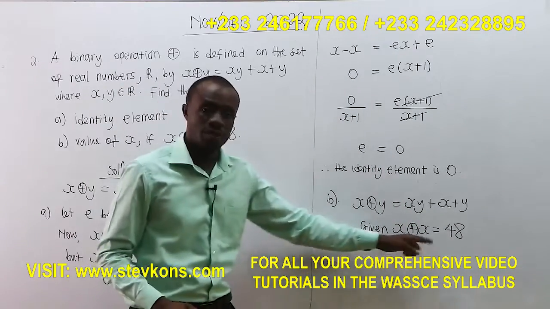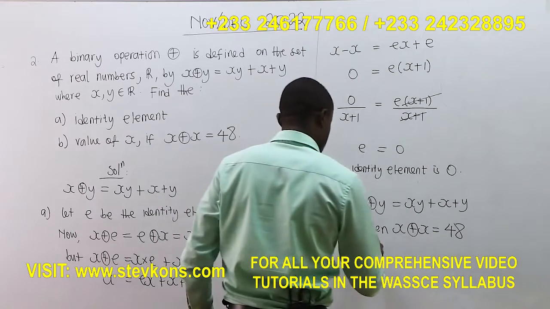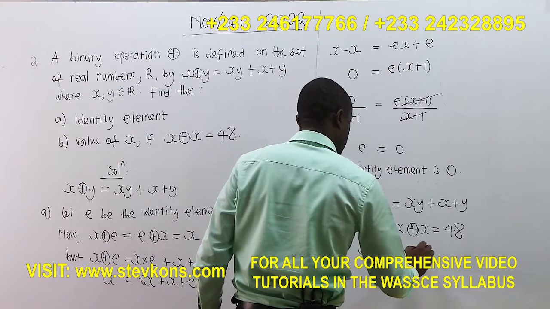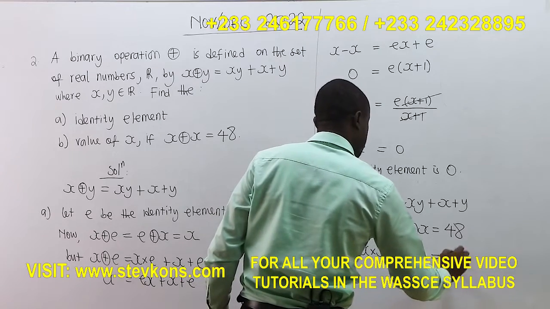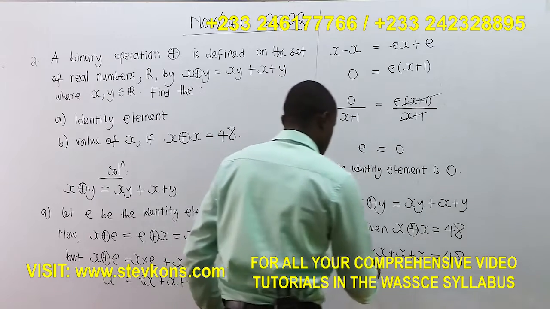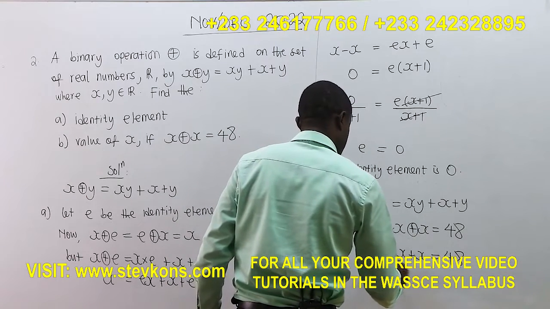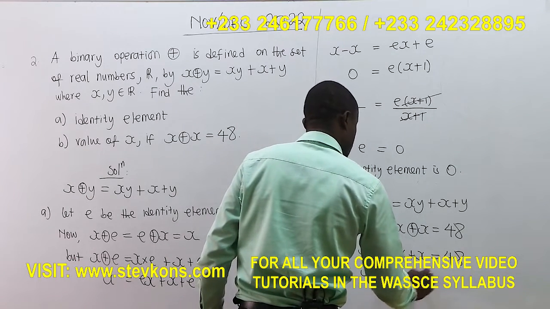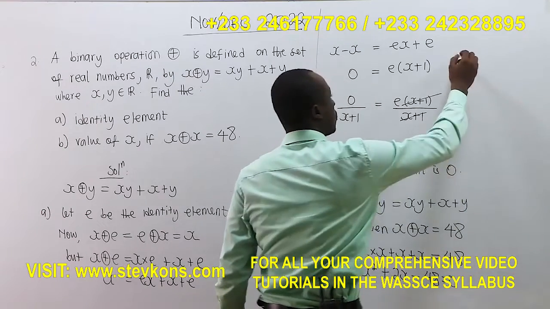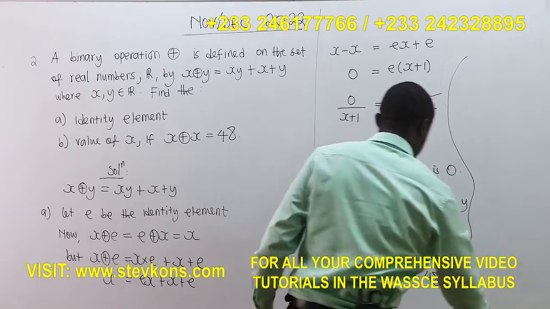From the rule given to us, the first one times the second plus the first plus the second must be equal to 48. Now, x times x is x squared, x plus x is 2x. This can come here, minus 48, and this is equal to 0.